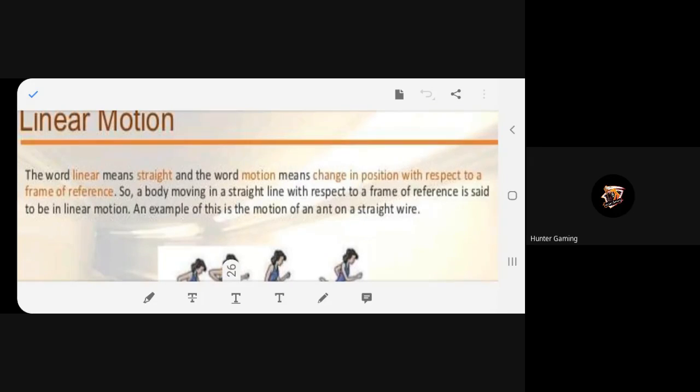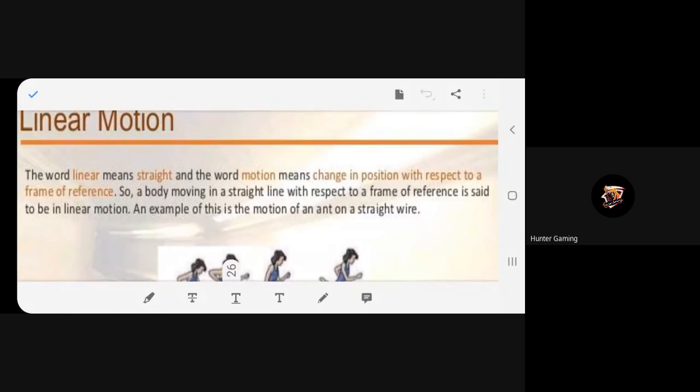Fine. So the word linear itself means straight. And motion, we know, is change in position with respect to time. The reference is time. So when a body is moving in a straight line with time, it is said to be in linear motion. You must have seen ants moving in a line.